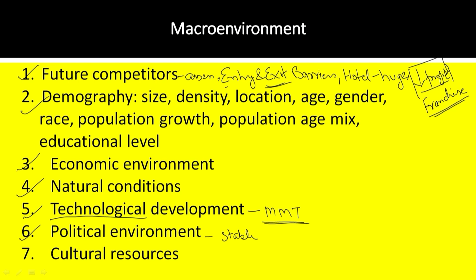Now the last part of this macro environment is cultural resources. Cultural resources are made up of the values of the society, norms, cultural restrictions, behavior, practices, preferences, etc. Some communities prefer to eat or not eat certain things.